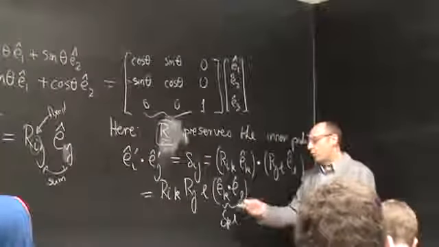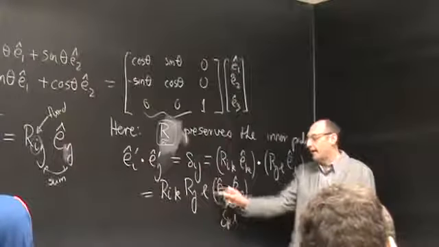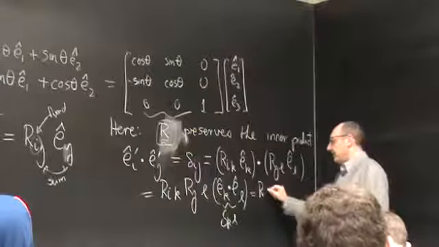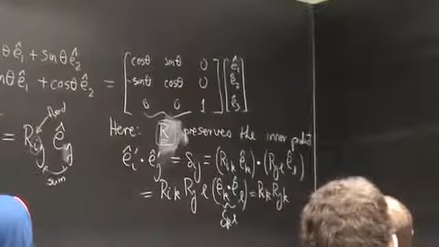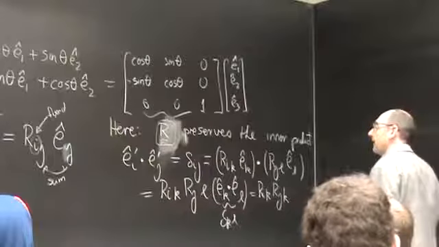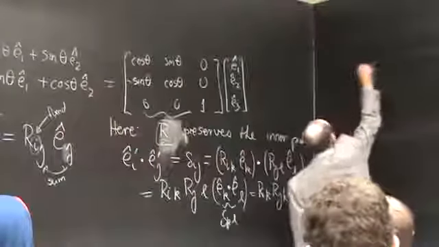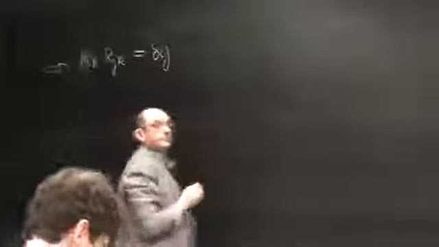Now I can sum over L, and that means replace every L by a K according to the lovely Dirac symbol. And thus what I learned from this is that R I K times R J K, summed over K, is delta I J.